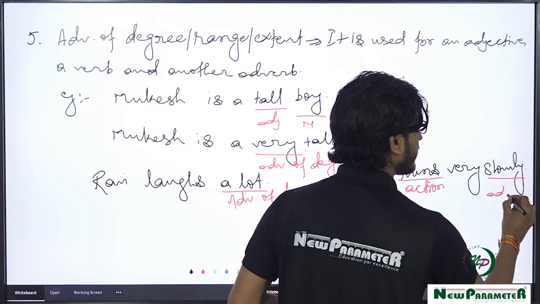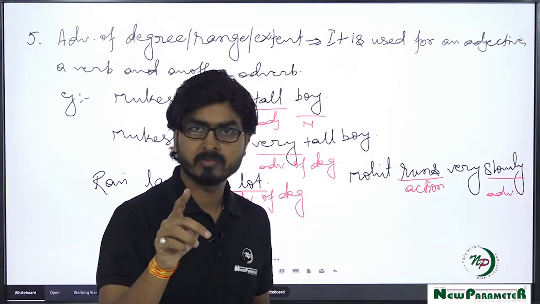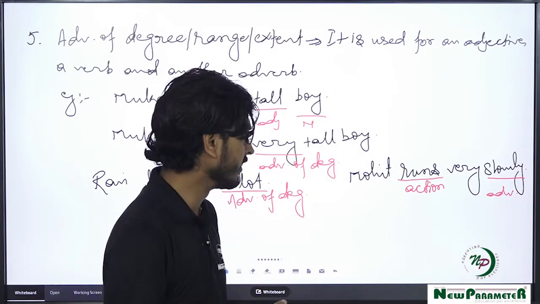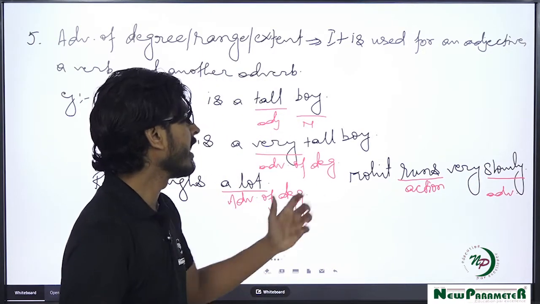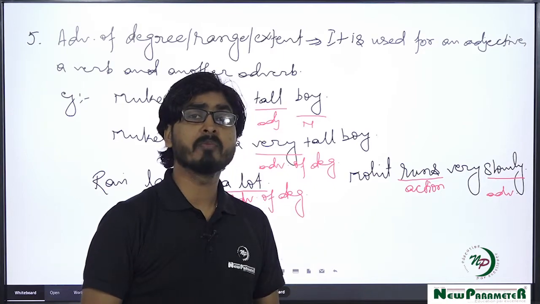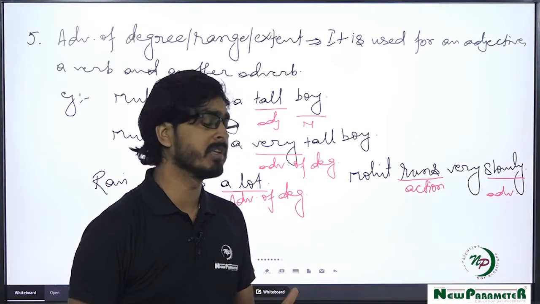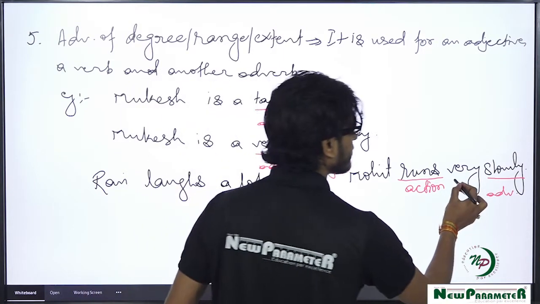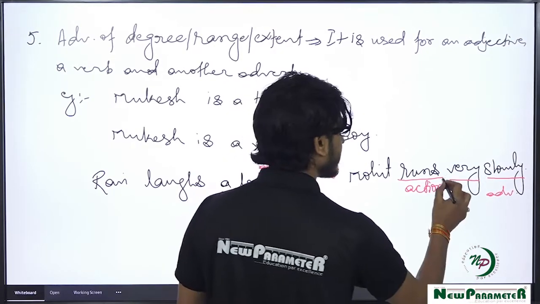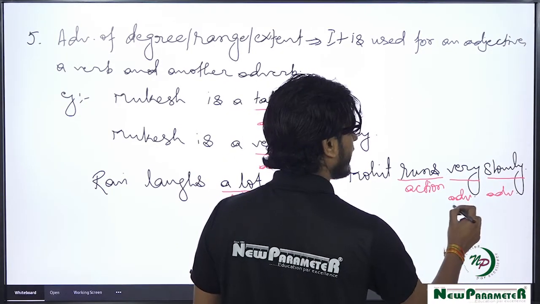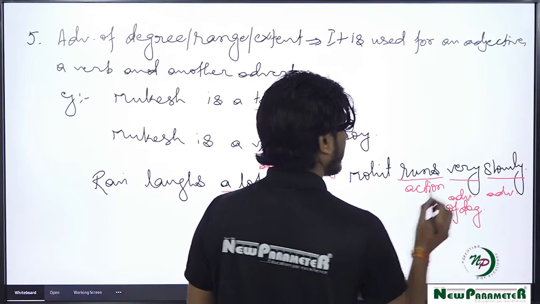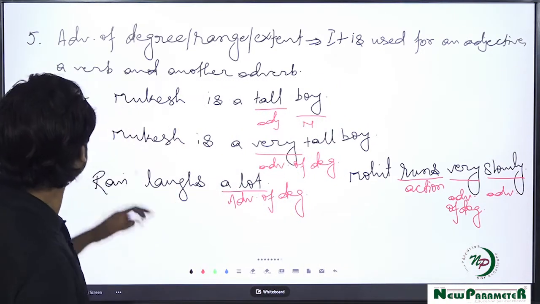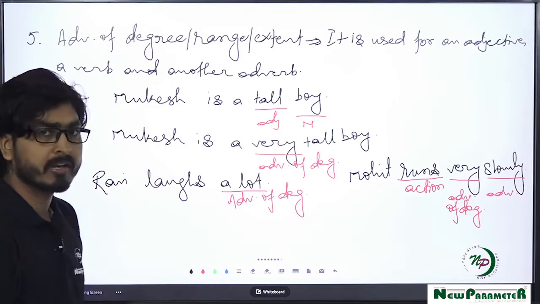So it becomes an adverb. And which adverb? Guys, yes, very good. This is an adverb of manner. So, how runs? Slowly. But up to which extent he runs slowly? I'm getting an answer, that is very. So I can say very is an adverb of degree. So guys, this is an adverb of degree. Now move to another point.